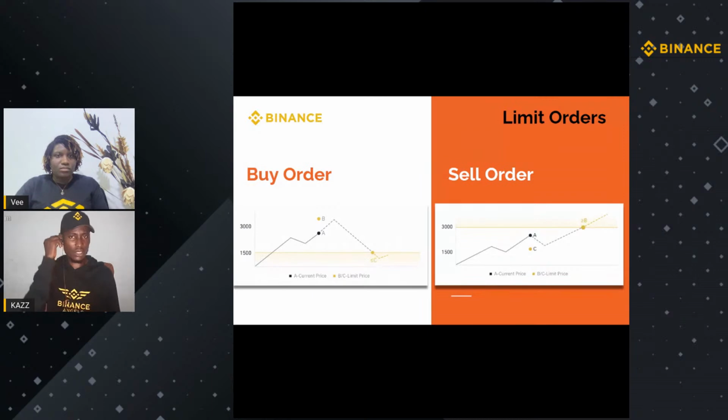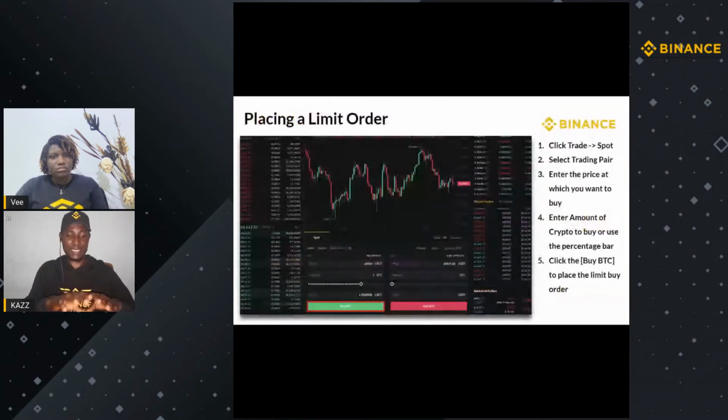So let's look at the Binance interface when you're using the spot market. How do you actually sell or buy using the limit order on Binance.com? All you have to do is go to Trade, which can be accessed through the navigation bar or through the market section on the Binance.com homepage.